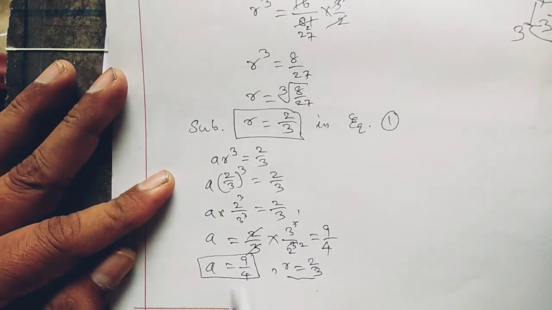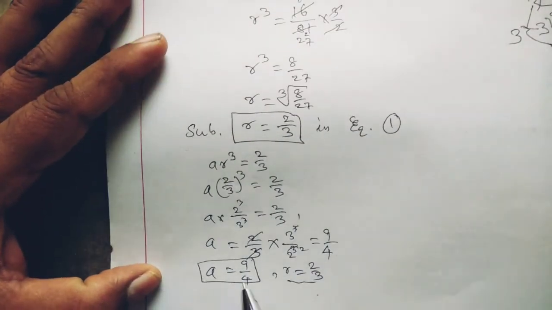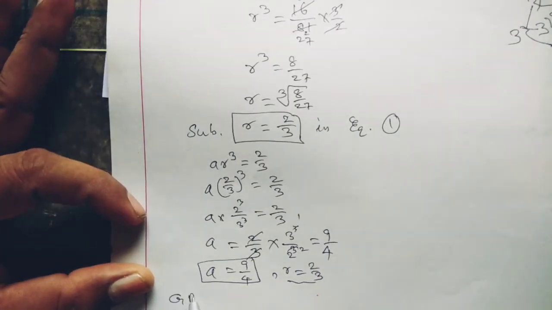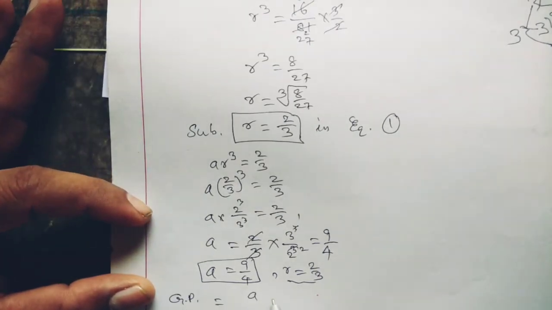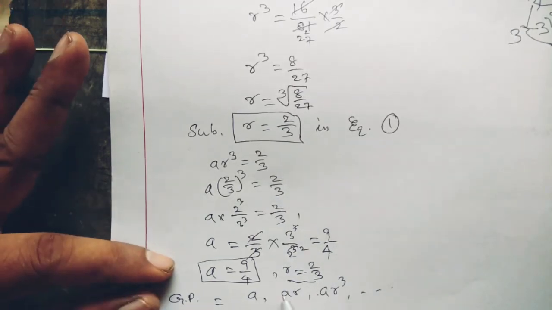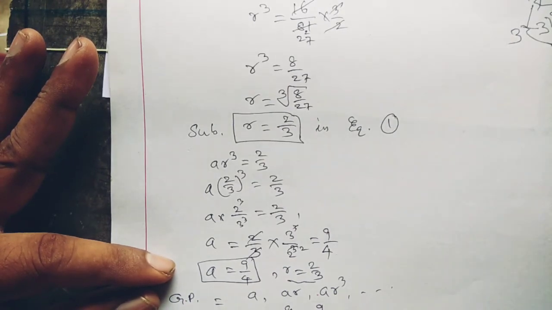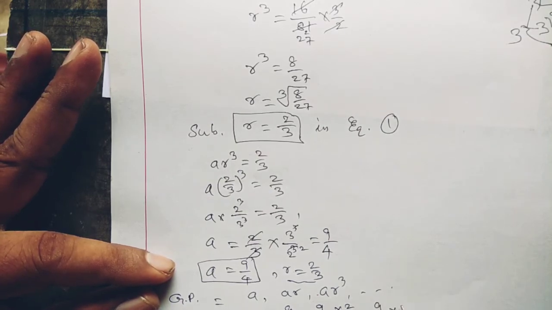We can find the series, the GP, which is A, AR, AR squared, AR cube and so on. So A is 9 by 4, then 9 by 4 into 2 by 3, then 9 by 4 into 2 by 3 squared, and so on.